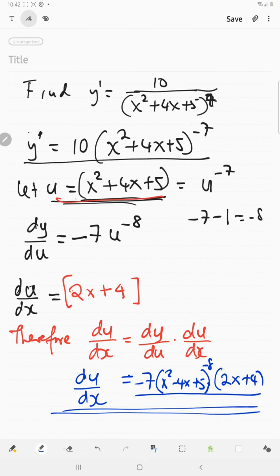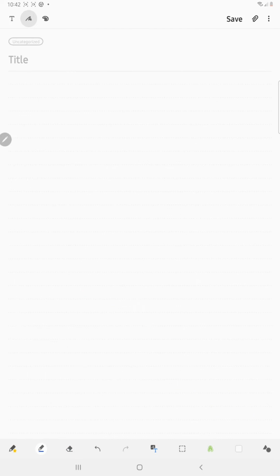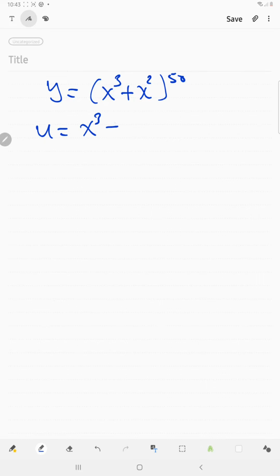And on the last one, we can look at the following statement: what about when y is equal to (x to the power 3 plus x to the power 2) to the power 50? So your u is going to be equal to x to the power 3 plus x to the power 2, and your du/dx in this case is equal to 3x squared plus 2x.